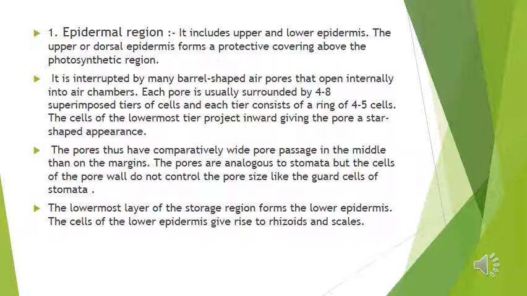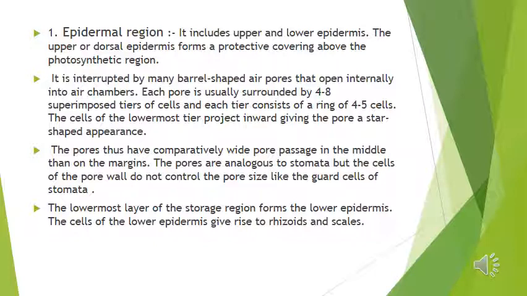Each pore is usually surrounded by 4 to 8 superimposed tiers of cells, and each tier consists of a ring of 4 to 5 cells. So these air pores are surrounded by 4 to 8 layers of cells, superimposed on each other, each forming a ring of cells.